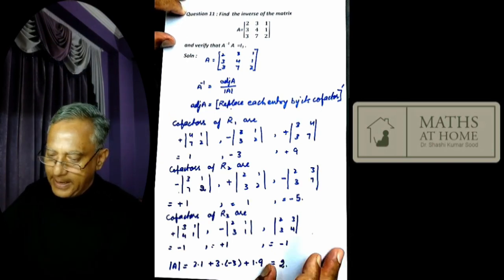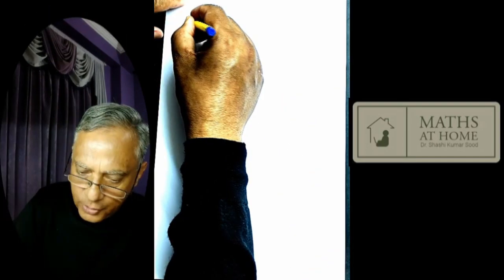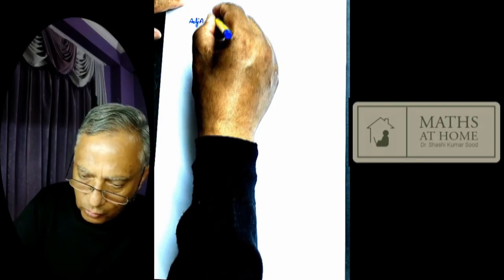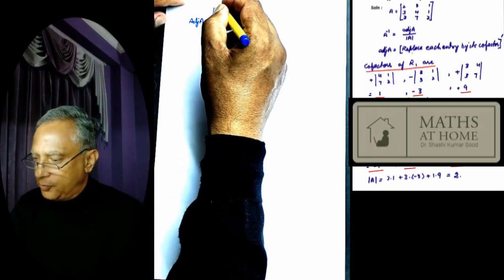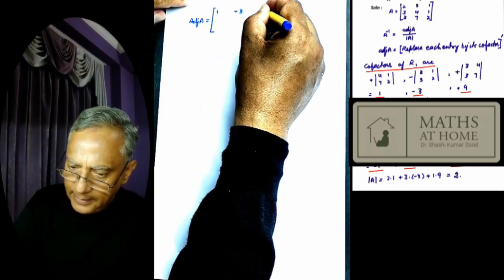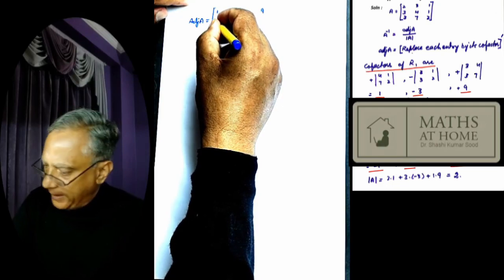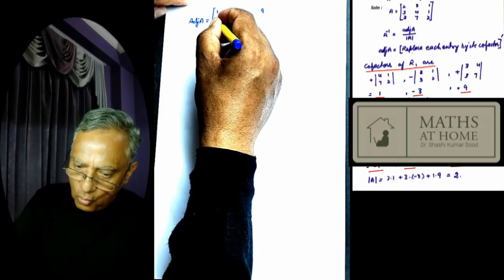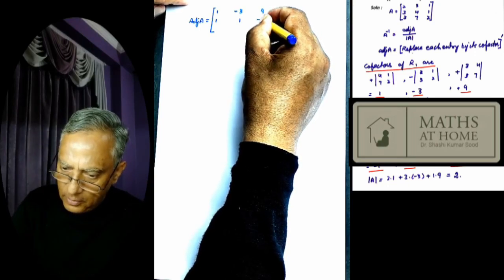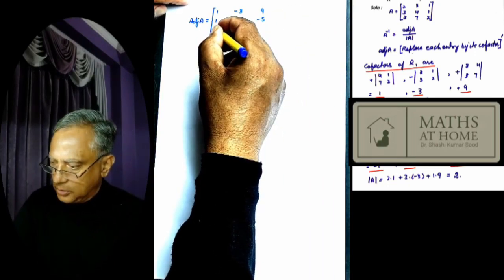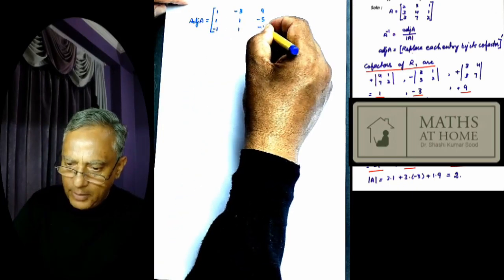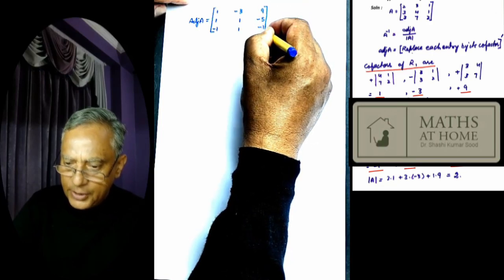So we write this matrix as adjoint of A is equal to, now in first row write the cofactors of the first row, which are 1, minus 3, 9, and cofactors of second row are 1, 1, and minus 5, and cofactors of third row are minus 1, 1, and minus 1. You can see the side sheet.